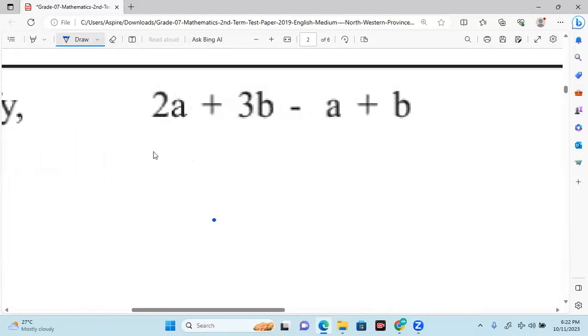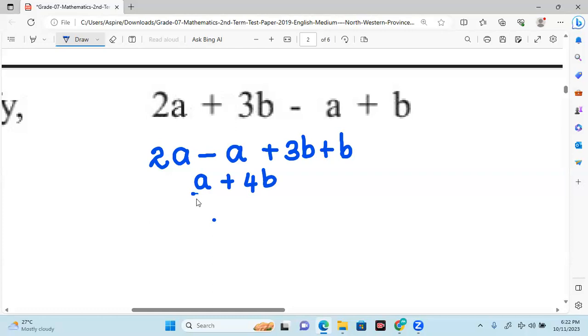What are the like terms? 2a subtract a, and 3b add b. 2a subtract a, the answer is a. 3b plus b is 4b. This is the answer.